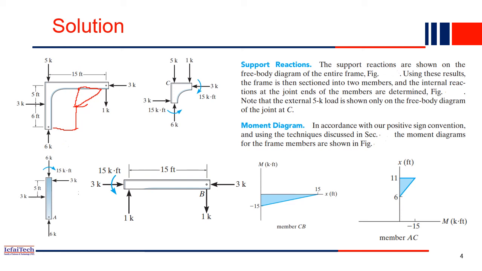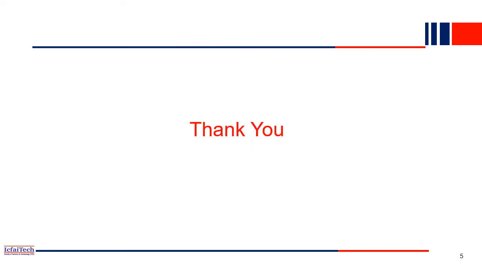This is the original frame, this is a roller support, and this is your hinge support, right? The moment diagram will be like that from here, and from this part it will be 15 to 0, something like that. If you combine this and this, whatever frame you get, that is the final solution of the moment. Thank you.